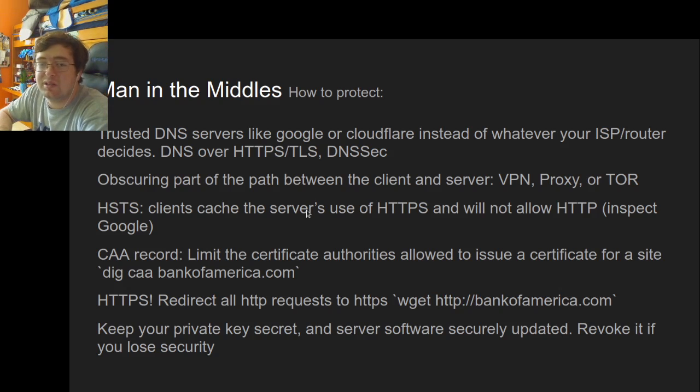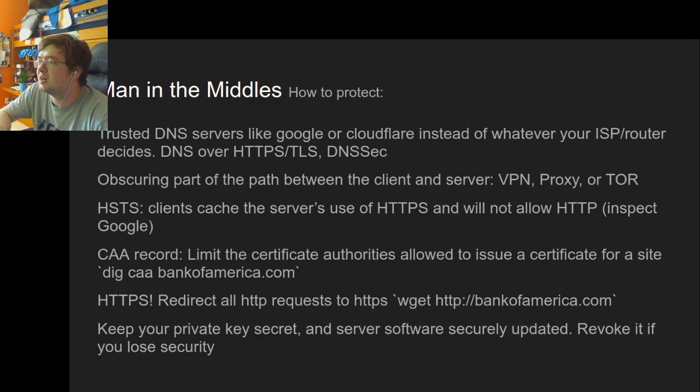Right? So some of the main vectors of those kinds of attacks still, though, are DNS, the domain name system. How do I know where to go when I say bankofamerica.com? So you could make sure to set trusted DNS servers instead of whatever your ISP does.